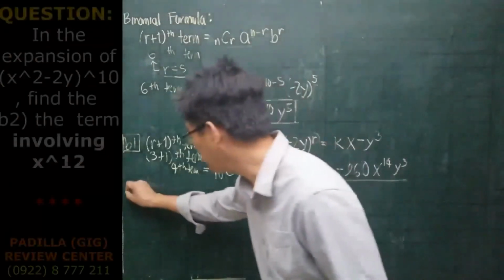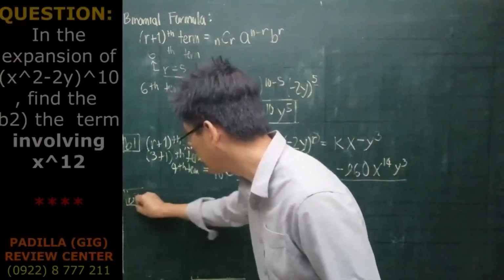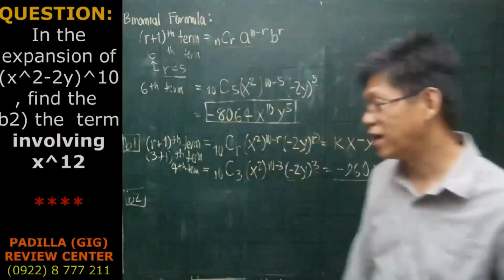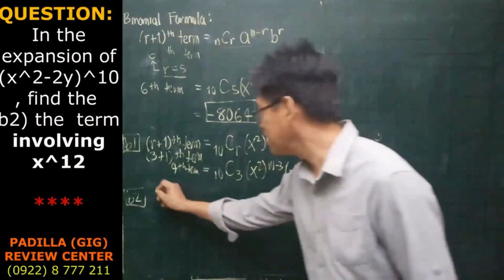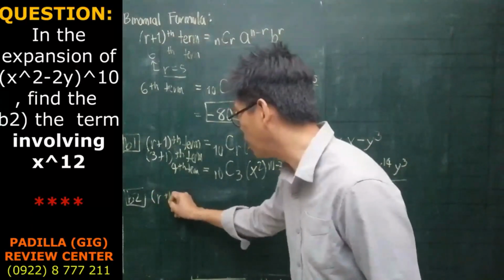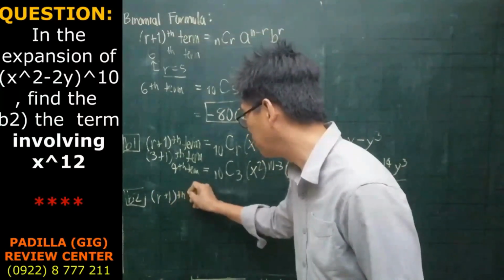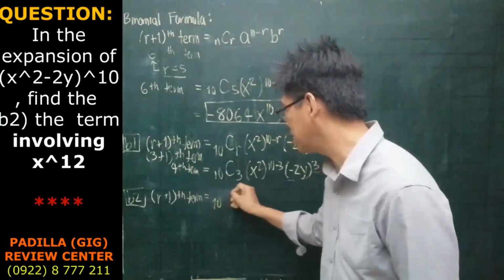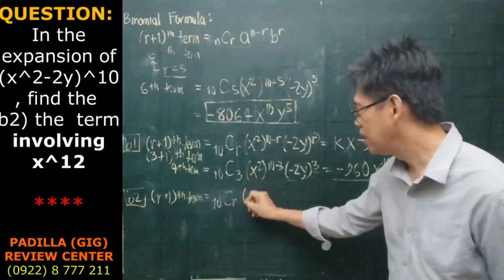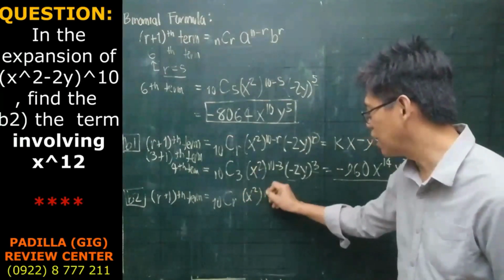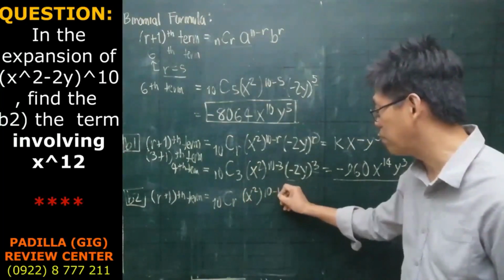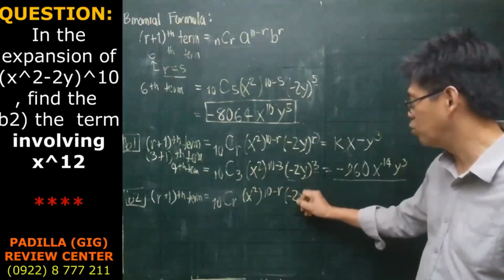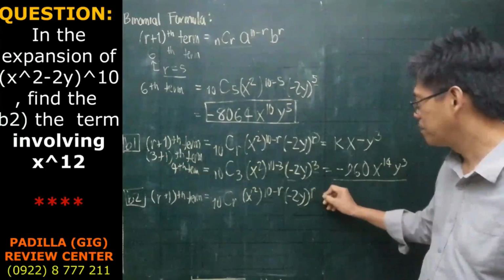Now, in B number 2, we are asked to find the term involving x to the 12. Again, the r plus 1 term is equal to 10Cr x squared to the n, which is 10 in this problem, minus r, times b, which is negative 2y to the r.